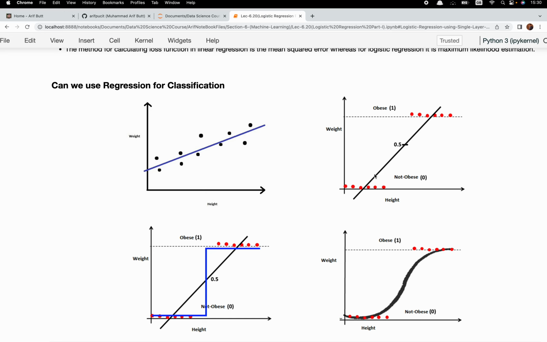My dear students, if you closely observe this graph, you will notice that this central area of the line is not of much usage.